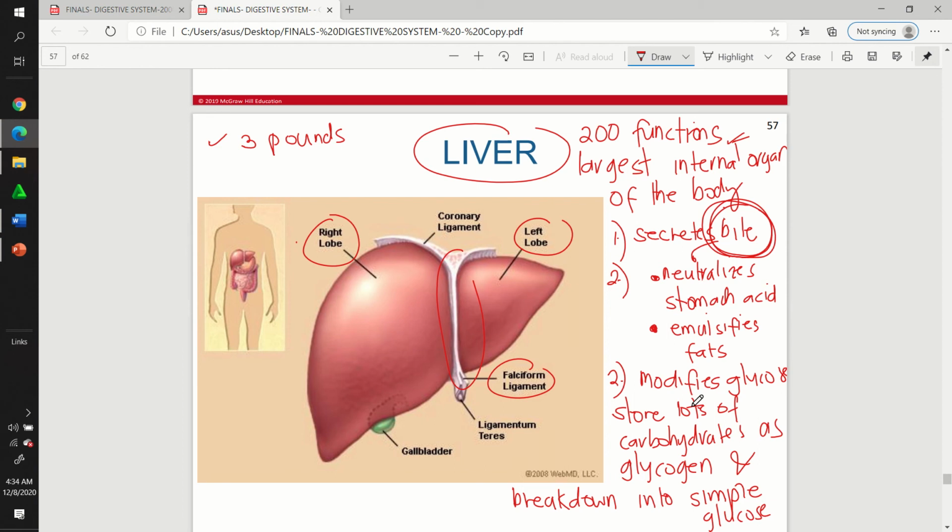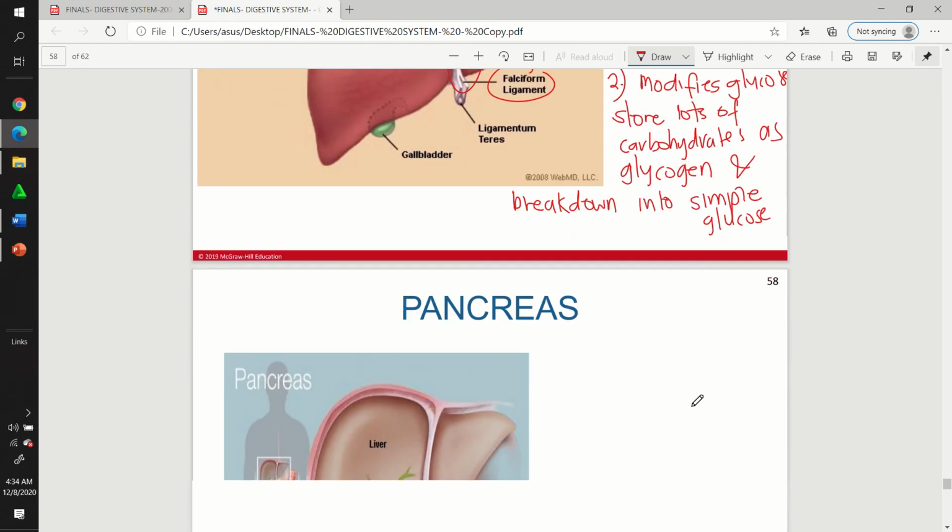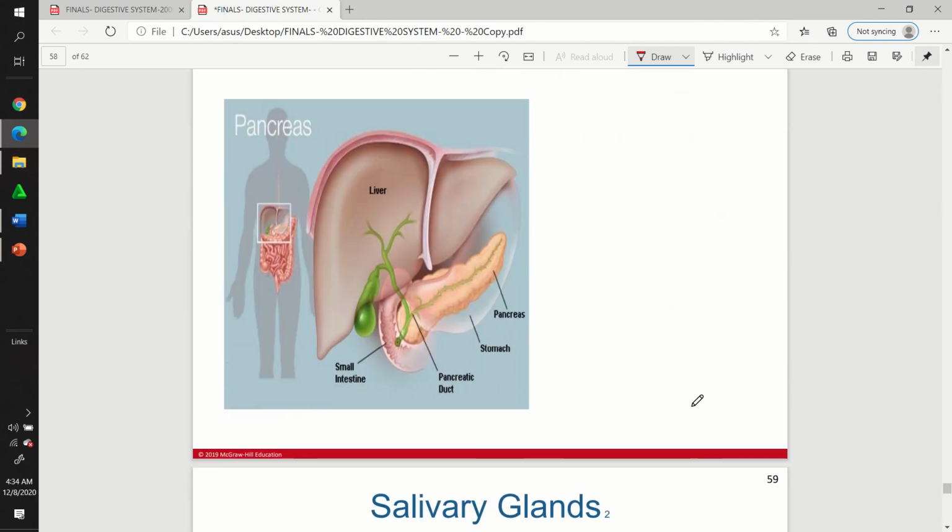What else? Another accessory organ that is important in your digestive system is your pancreas. Your pancreas is a flat organ about 15 to 23 centimeters long that lies behind the stomach.